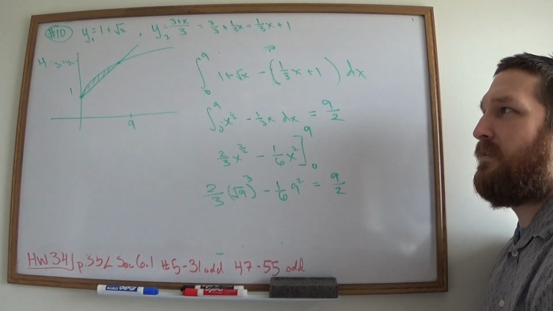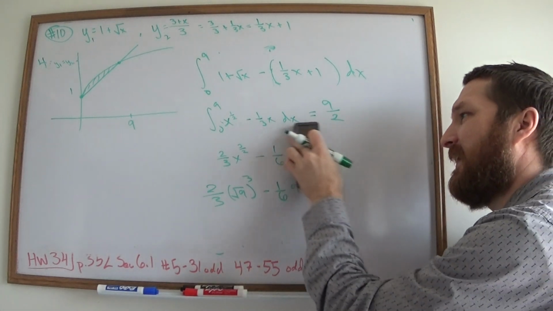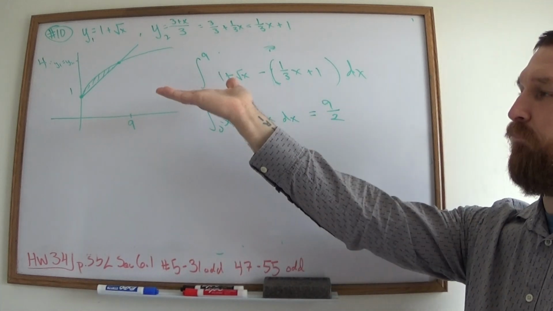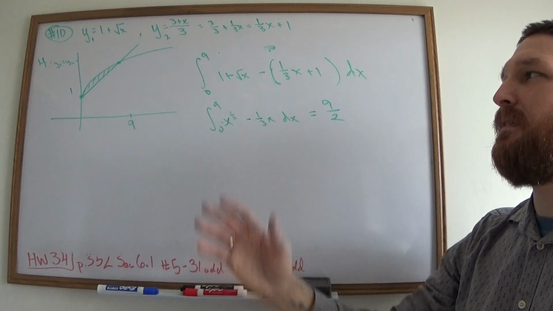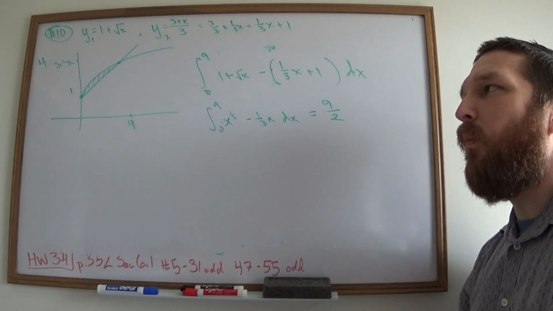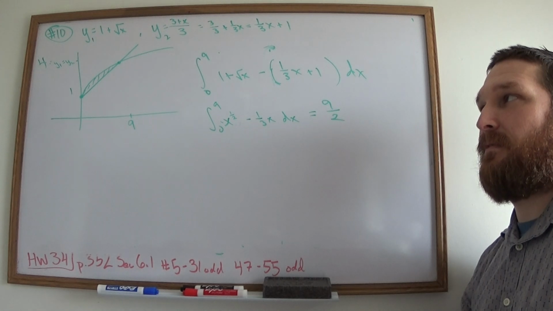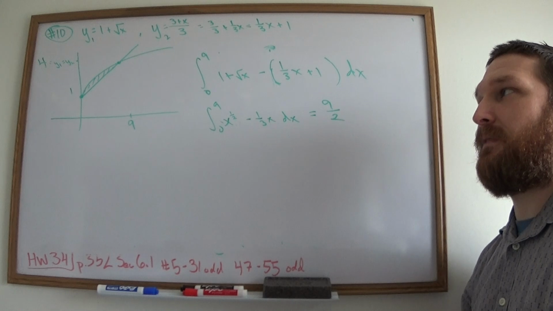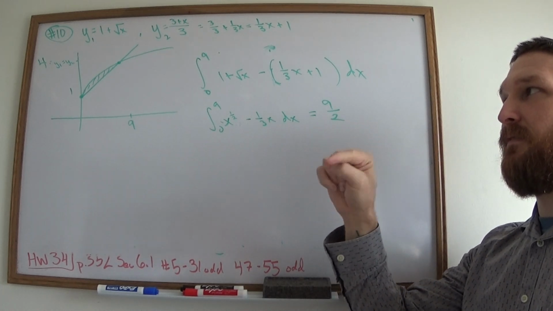Now here's the thing. In this case, the other way of doing this is about the same amount of work, but there are cases where you want to do it the other way. The other way of doing this is to reinterpret this as x as a function of y.